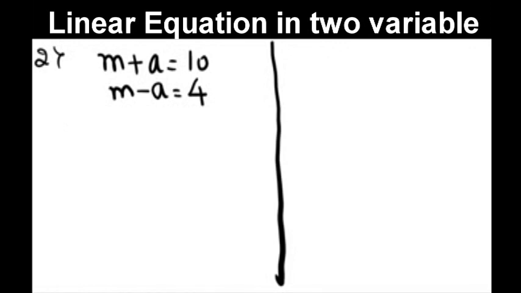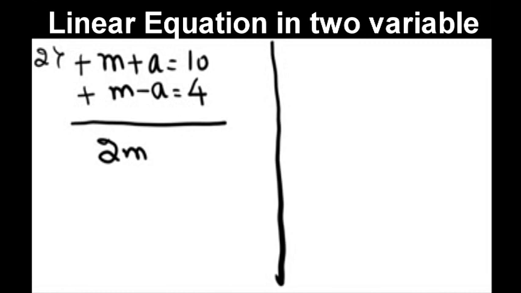If you want to eliminate m, you can, but look at the symbols. Here it is plus, and here also it is plus. So if you add, it becomes 2m, or you change the symbol and subtract. And look at the second variable. Already the symbols are different. So m plus m is 2m. a minus a is 0, so I'm not going to write it.